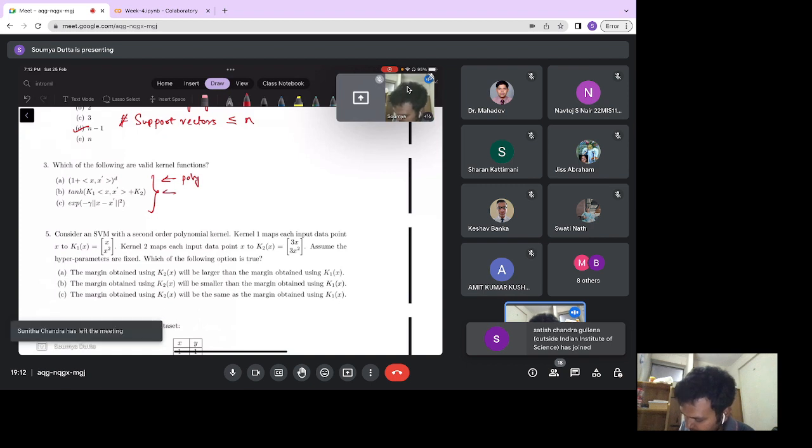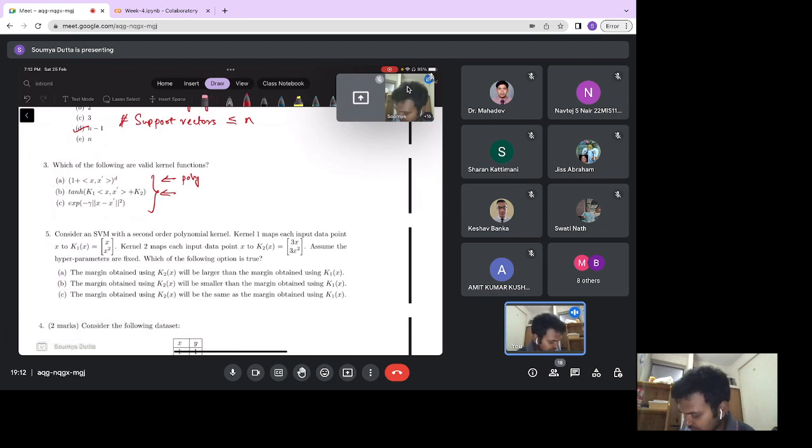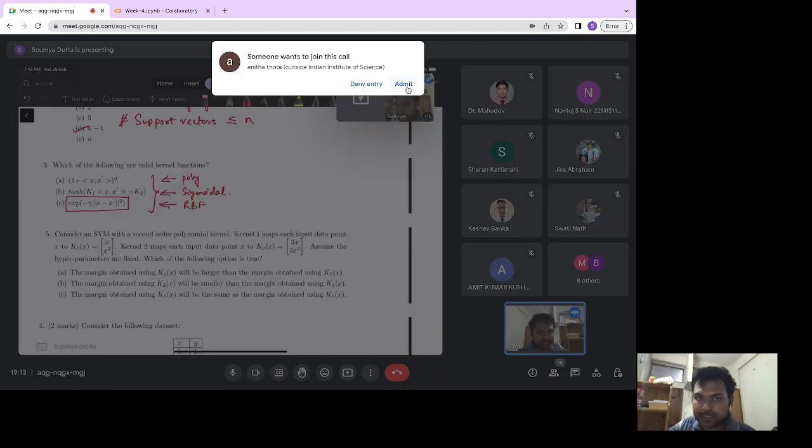The second one is a tanh, but it's actually called a sigmoidal kernel. And the third one is the RBF kernel. The RBF kernel is the most widely used one. Polynomial ones are also used, but in general, you would most likely use the RBF kernel if you are working with very complex data sets.